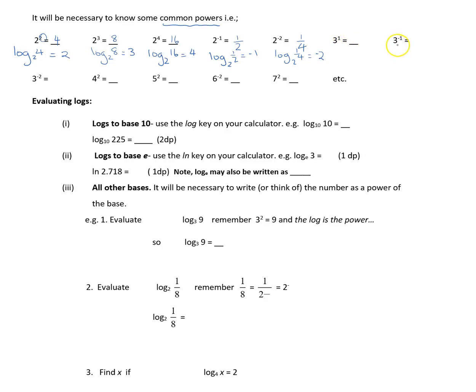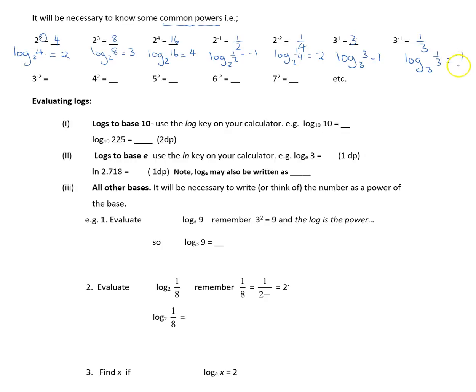The numbers change considerably when we move to different bases. You know, 3 to the power 1 is 3. 3 to the minus 1 would be 1/3. So if we were asked now for the log of 3 to base 3, we're looking for the power, which is a 1. We're looking for the log of 1/3 to the base 3.